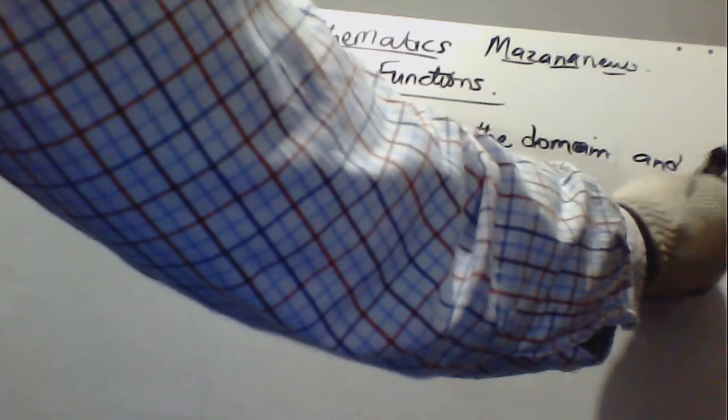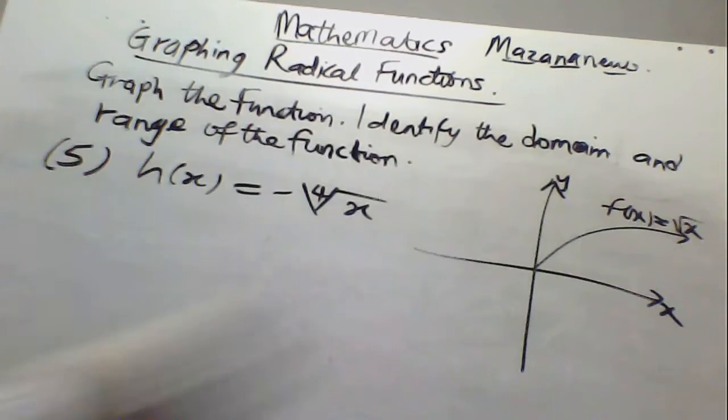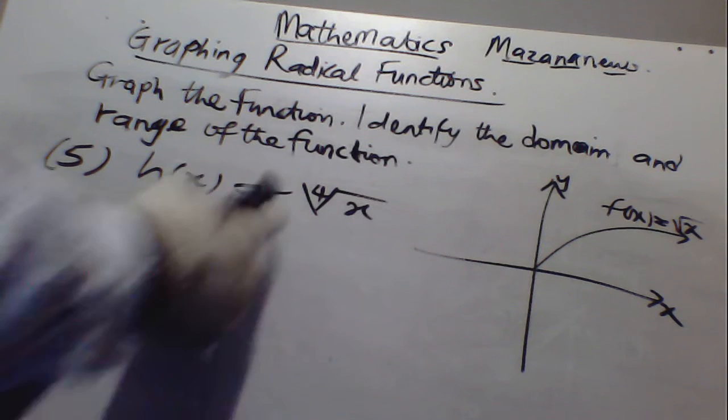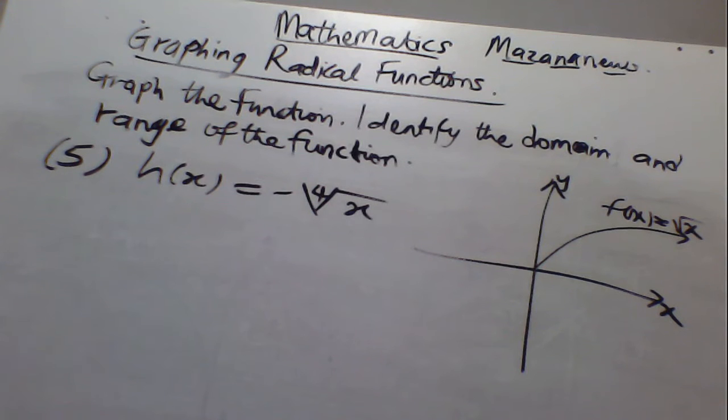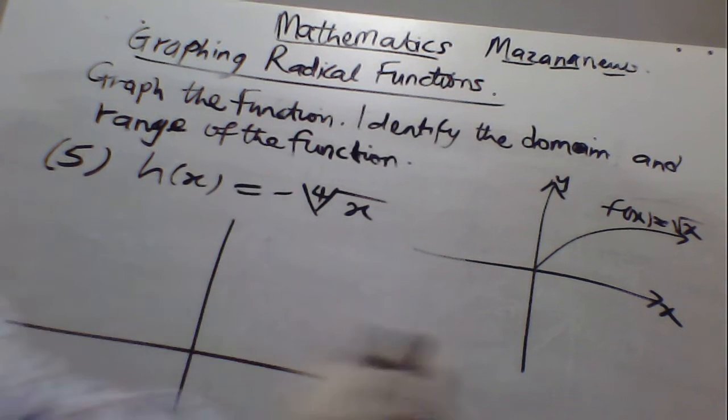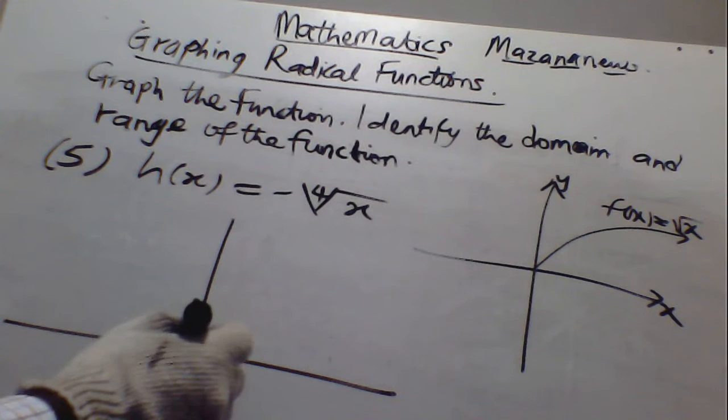f of x, always refer to the parent for clarity. That will enable you to know how the graph looks. This is square root, and this is fourth root. That is the multiples of 2. Negative only indicates the reflection in the x-axis. So this will look like this.